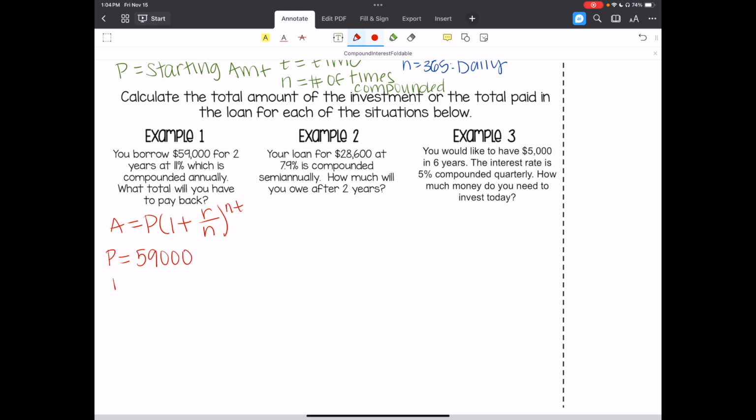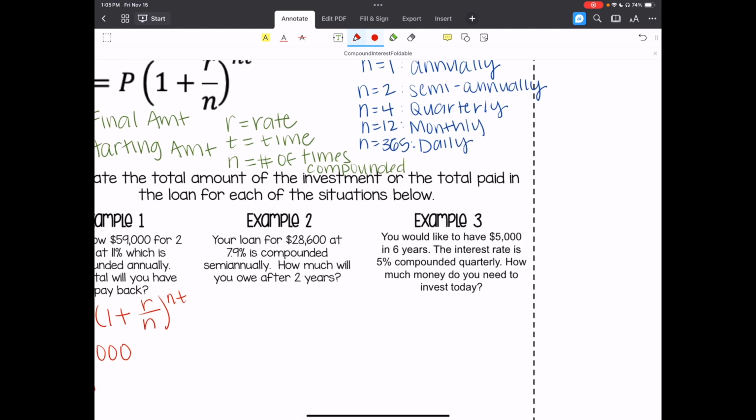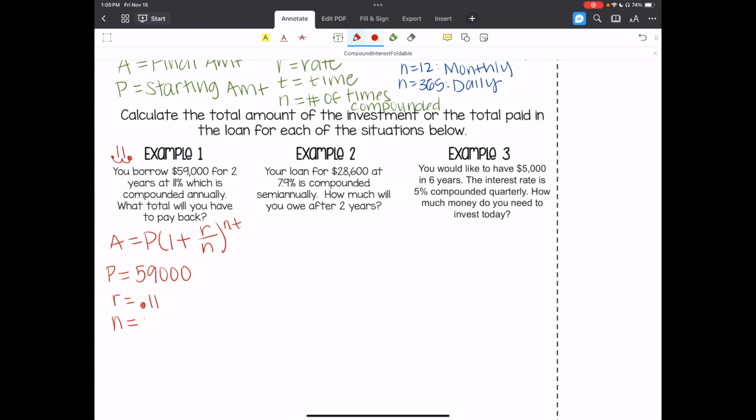Then our rate is 11%. So remember, we take 11, move our decimal left 2. So our rate will be 0.11. And compounded annually, if you remember from just a second ago, that means 1 time a year. So N is 1. And then for 2 years, so T is 2.